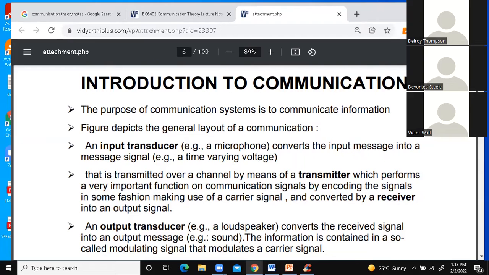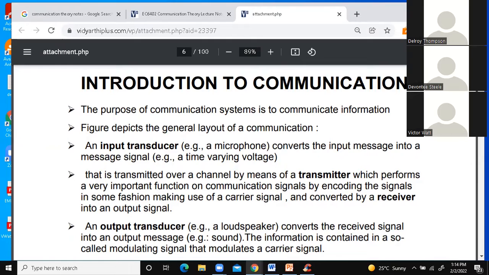Okay. So there's a microphone on this laptop that I'm speaking to, and also a transducer, and that converts to some kind of voltages that will be transmitted to you.